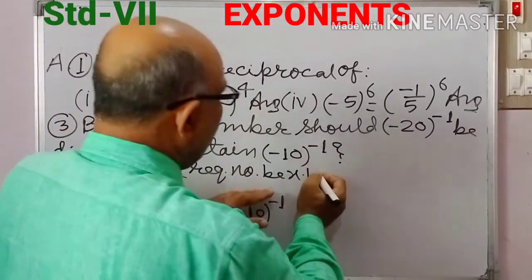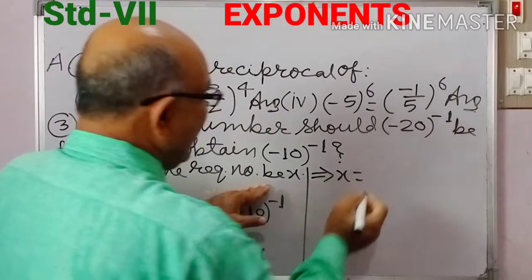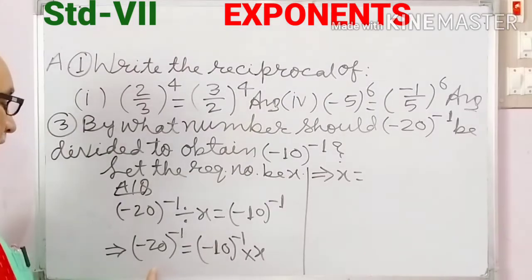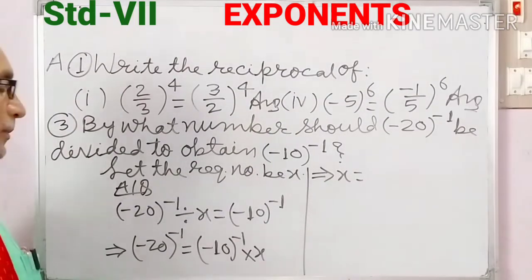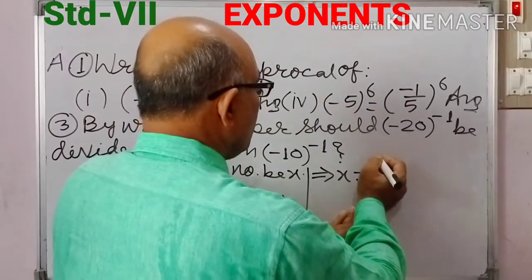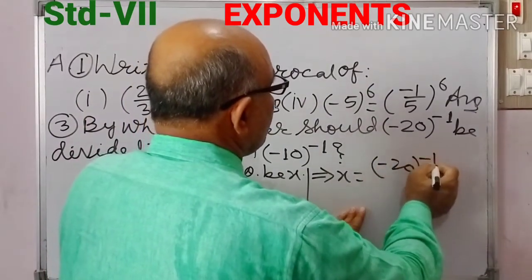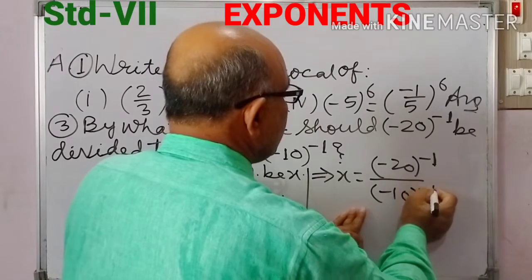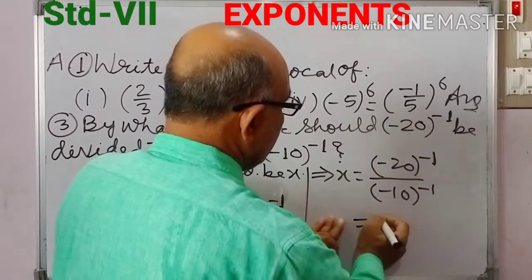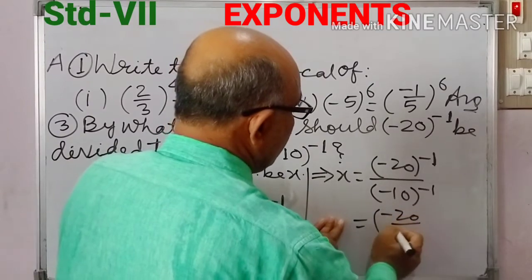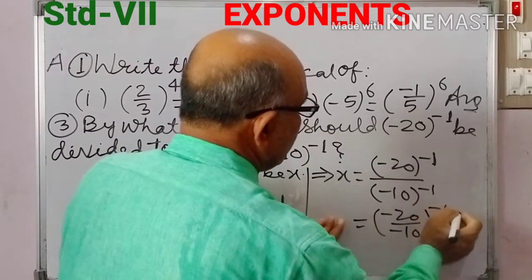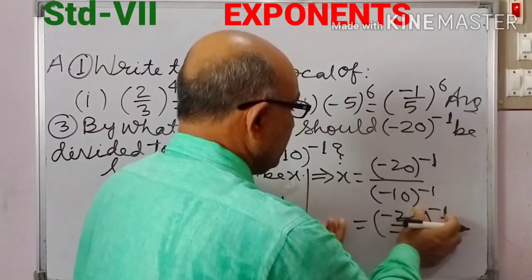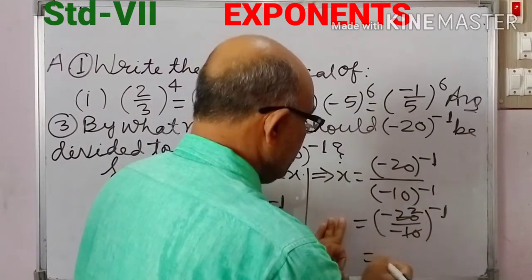Now that implies x equals (-20)^-1 divided by (-10)^-1, equal to (-20 by -10)^-1.